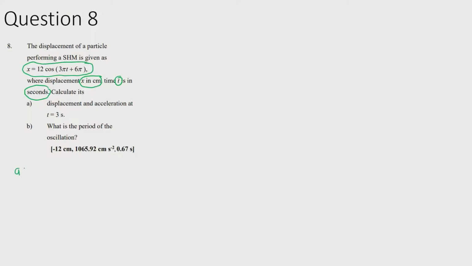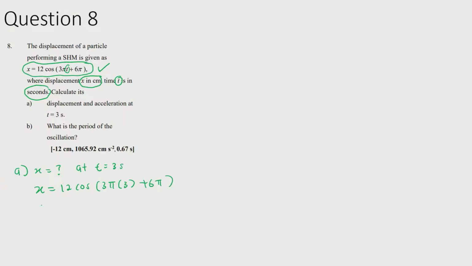Okay, let's do A first. The question asks for displacement at 3 seconds. We know this expression, right? So, we just need to substitute the time in this expression. So, x equals to 12 cos 3 pi, and we substitute the time with 3 seconds plus 6 pi.